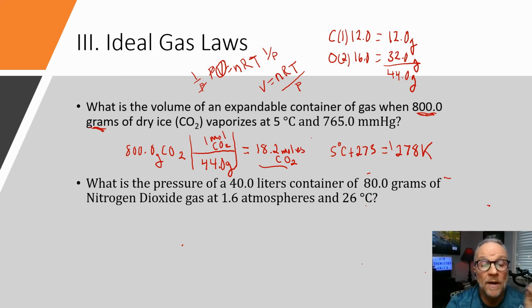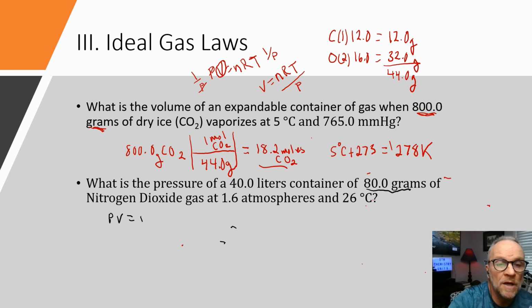Alrighty, so it says, what is the pressure of 40 liters contained in 80 grams of nitrogen dioxide gas at 26 degrees C? Alright, so we have a gram amount here again. So we know that we're going to be using PV is equal to nRT. And so this time we are solving for the pressure.